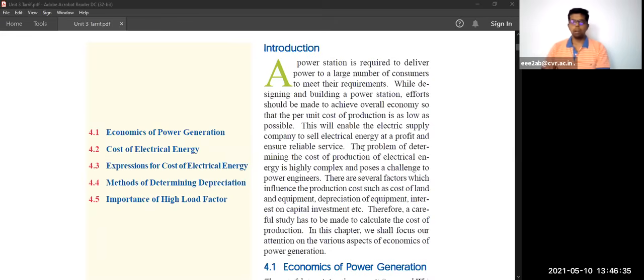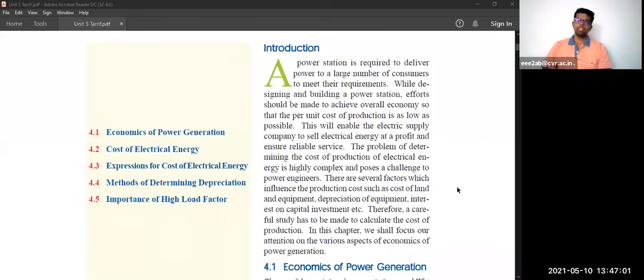The problem of determining the cost of production of electrical energy is highly complex and poses a challenge to power engineers. There are several factors influencing the production cost, such as the cost of land, equipment, and depreciation of the equipment.